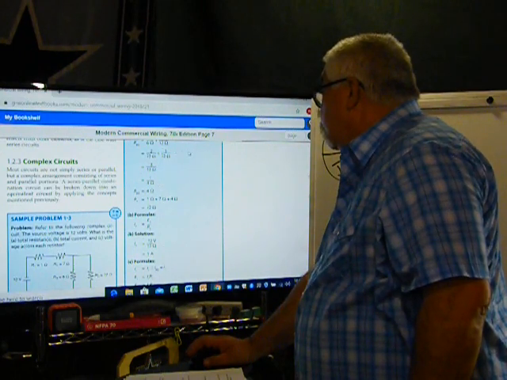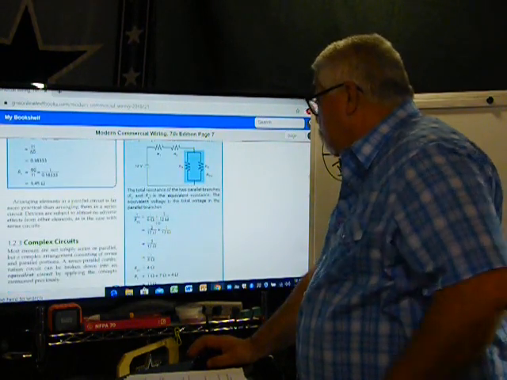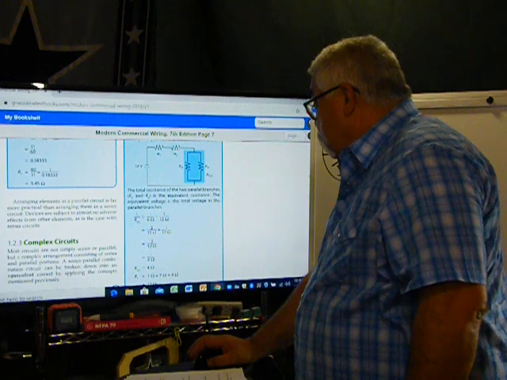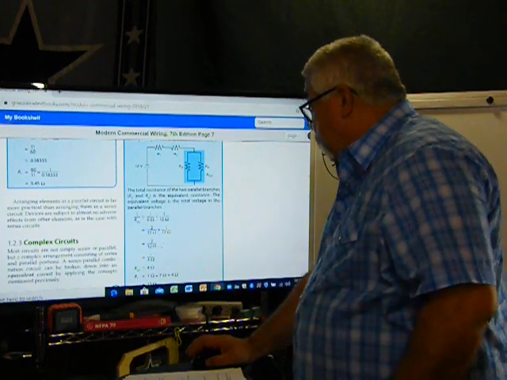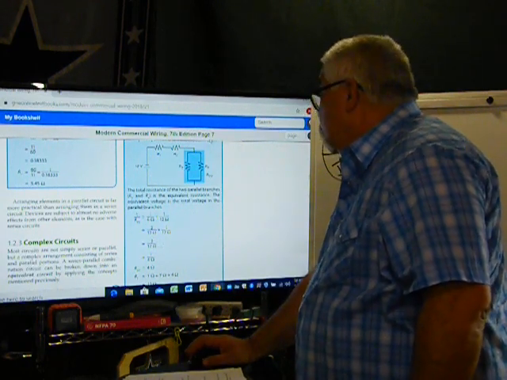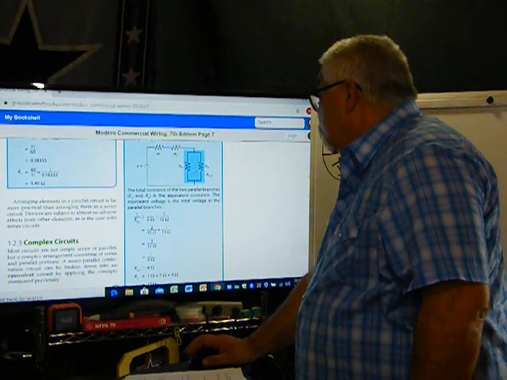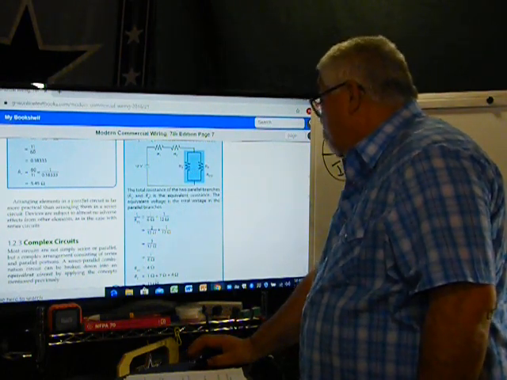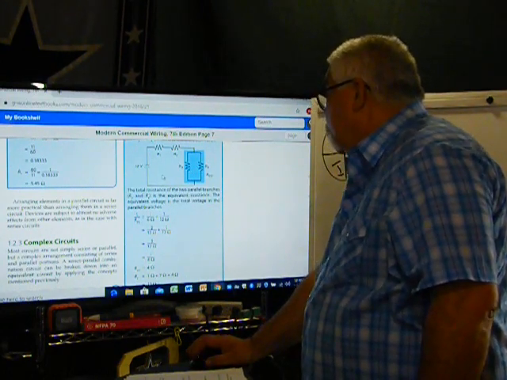So this is a reciprocal because they have to find the common denominator. They flipped it back around. So 12 divided by 3, you flip it back around. 12 divided by 3 is 4 ohms. So the total resistance of these two in parallel is 4 ohms.